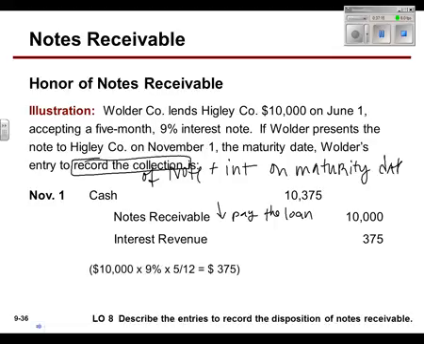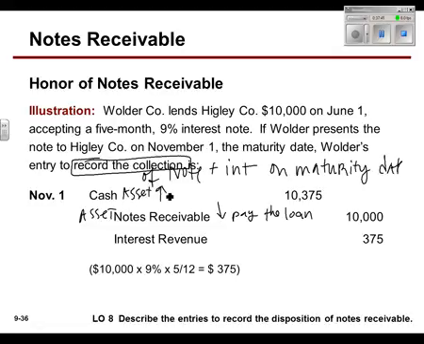Here you see the math. Remember, this is an asset. And you might say, what, an asset's going down? Well, another asset's going up.